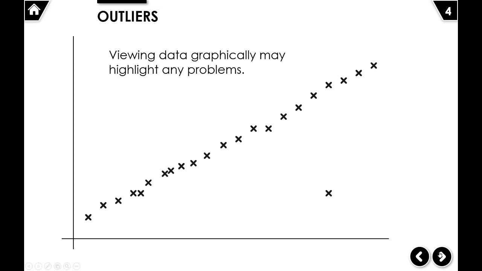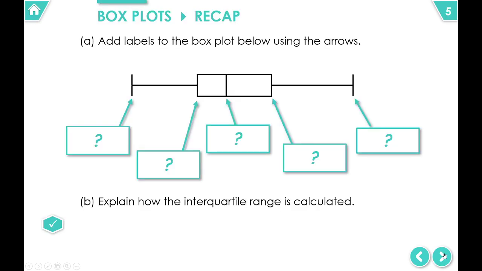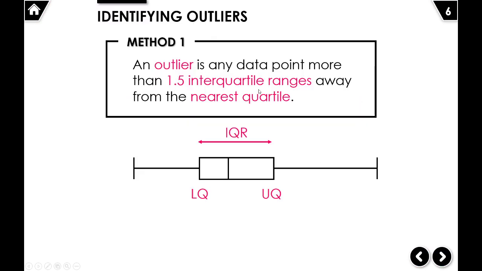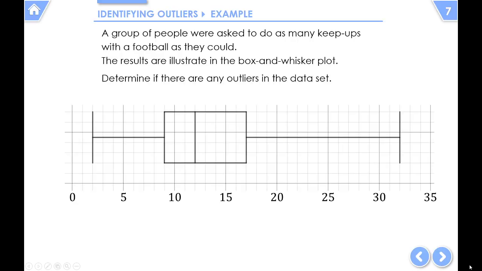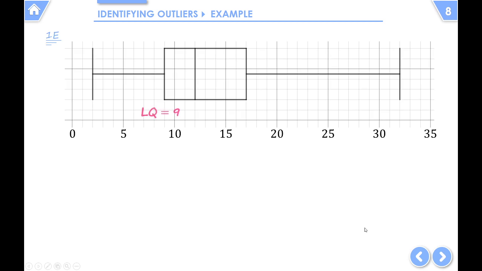The first one was that an outlier is any data point more than 1.5 interquartile ranges away from the nearest quartile. I'll show the example.